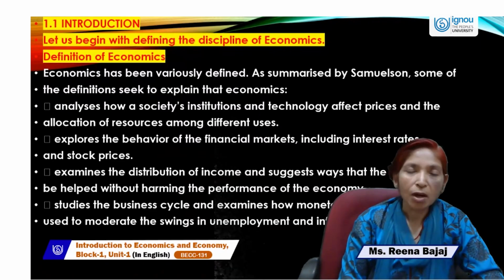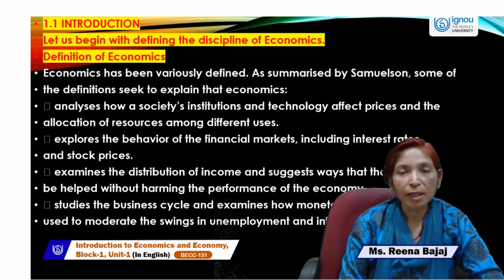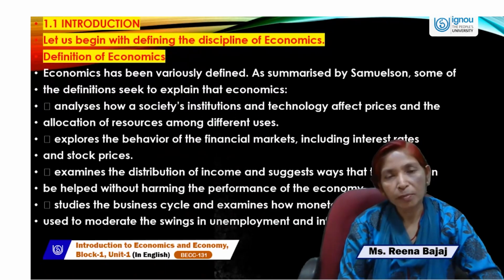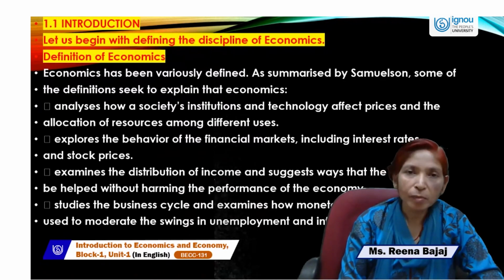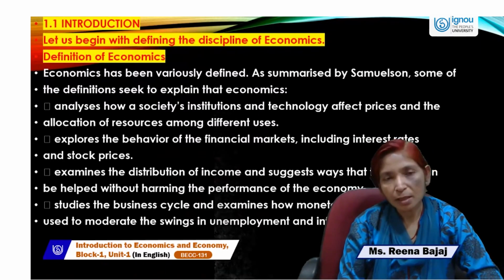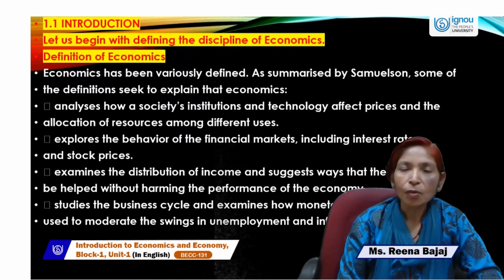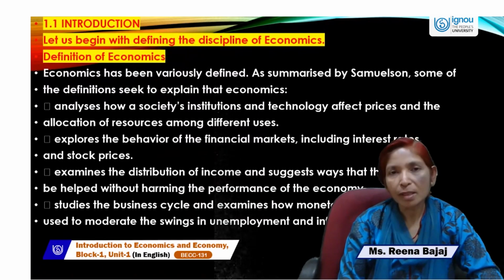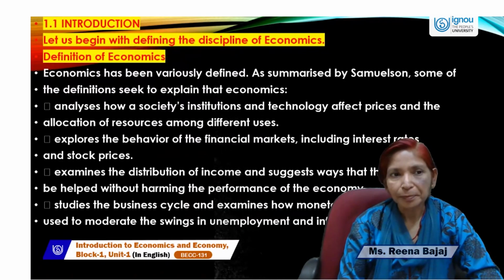That's why economics is called a social science, because its relation is with human beings. And in human beings, we include all producers and consumers. Producers are those persons who produce goods and services, and consumers are those persons who consume goods and services for the satisfaction of their wants.